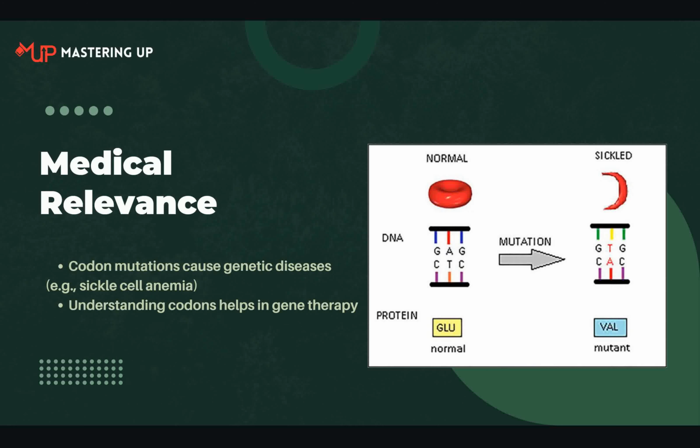So instead of the normal amino acid, the mutant will produce valine. This is how a codon mutation leads to genetic diseases.